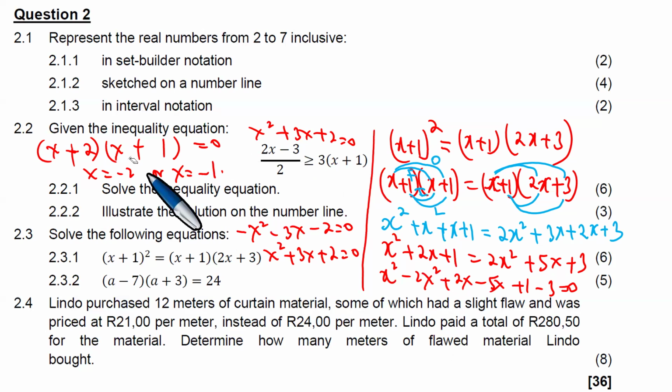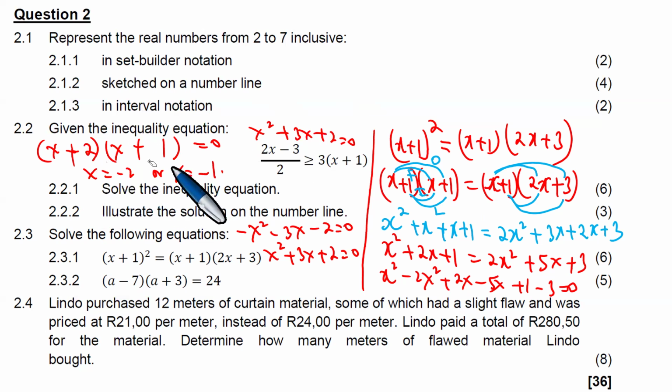Because now you see the x squared is just x times x. The x times x is x squared. Then we have 2 times 1, because you are dealing with the first and the last. The x times x gives us x squared, because the x and the x are the first.